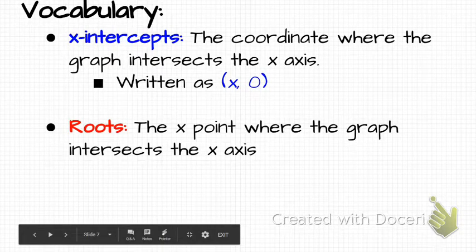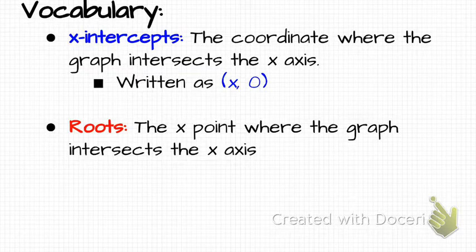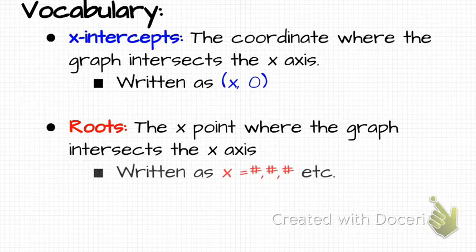The roots, here's your next vocabulary word. I want you to write it down. The roots, the x point where the graph intersects the x-axis. So again, the definition is pretty similar to that of x-intercept, not too interesting or radical maybe. But the main difference I want you to take away from that is that for roots, we don't write them the same way that we write the x-intercepts.